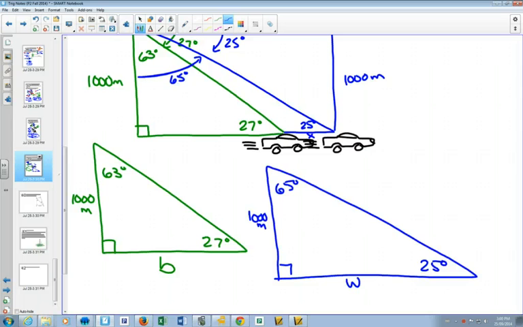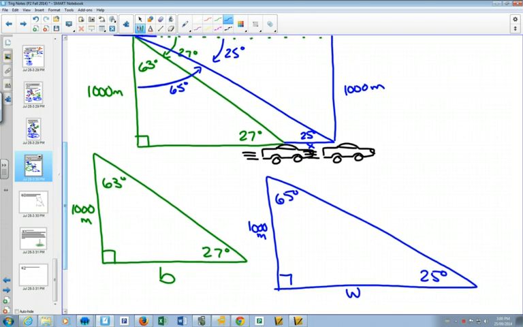So we got B for the base of one because base starts with B, and W for the other one because that's where the road would be, maybe? I don't know. Okay, that's pretty bad. So the B on the green one would be right here. And the W would be all of this.